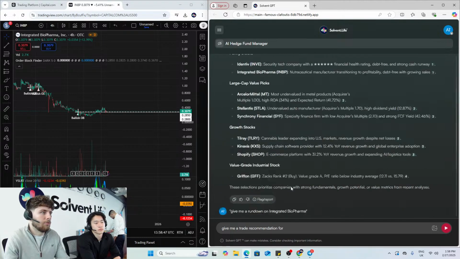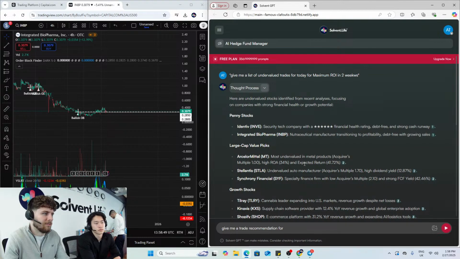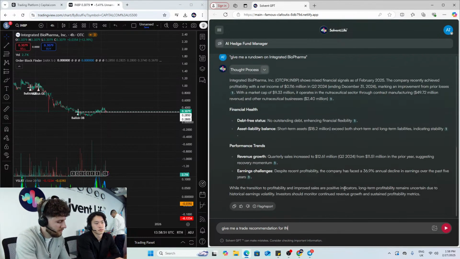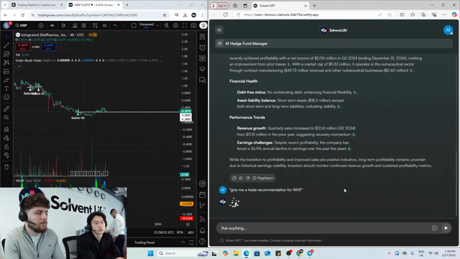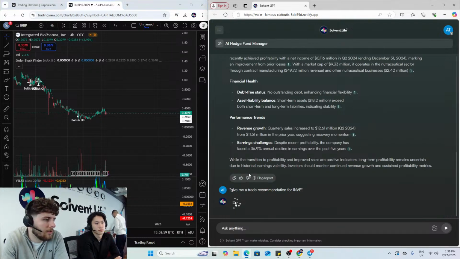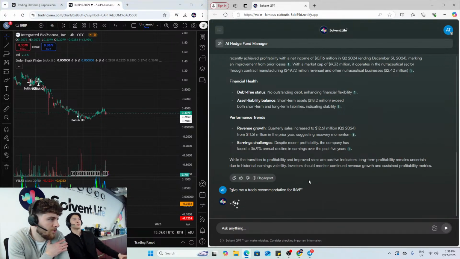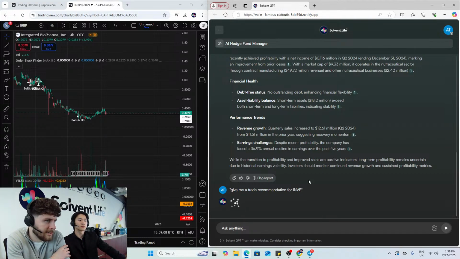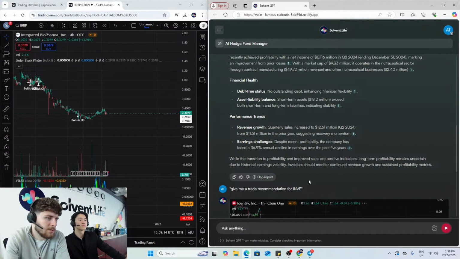Then it was a trade recommendation for Identiv, INVE. Very interesting. Don't know too much about these companies. Obviously, penny stocks with quite high volatility. Be very interesting to see how these sort of perform.